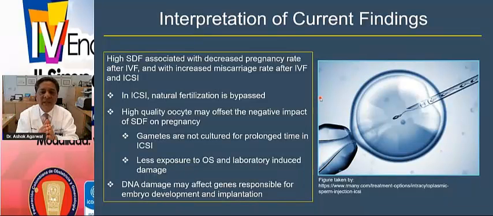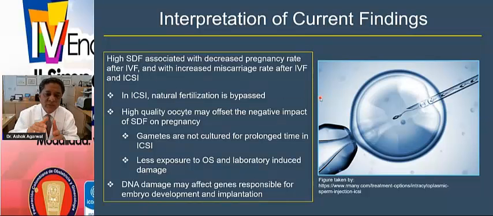So how to interpret all these different findings? We can say that high sperm DNA fragmentation is related with decreased pregnancy rate after IVF, and with increased miscarriage after IVF and ICSI. In ICSI, what is happening is that we are bypassing the natural selection process of natural fertilization. So a high quality oocyte can offset the negative impact of sperm DNA fragmentation on pregnancy.